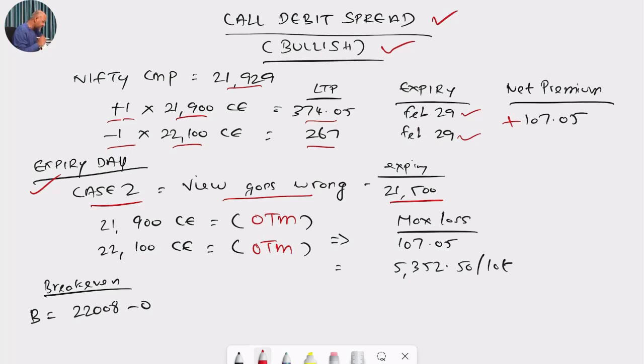The buy leg will give us the maximum loss and the sell leg will give us the maximum profit. In this scenario, the net premium will be the maximum loss, which is 107.05. Since it is one lot, 5,352.50 per lot will be the maximum loss. So this is how the calculation behind the call debit spread works.